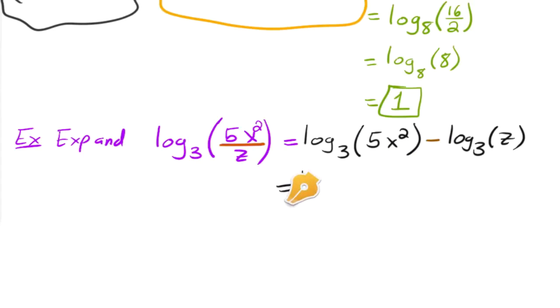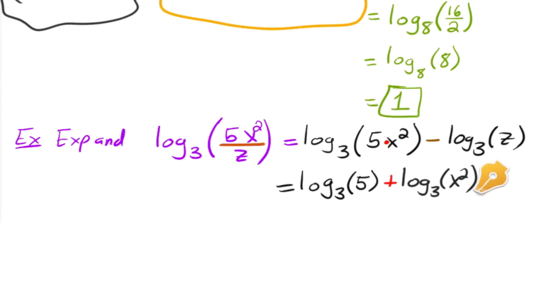And then this is equal to, I can now break up the product here into addition. So there's going to be log base 3 of 5 plus log base 3 of x squared, and then minus log base 3 of z.